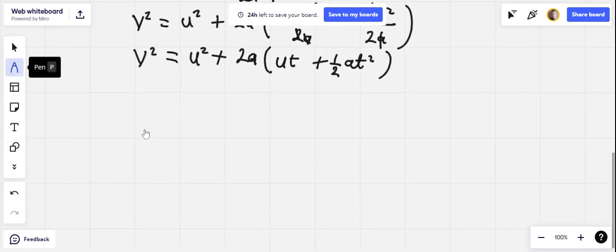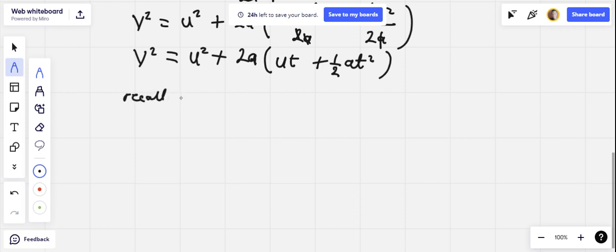So we proceed. Now you look at this expression in this bracket. What does it look like? Because you recall that our displacement, our third equation of motion that we developed, our displacement equals to what? UT plus a half what?